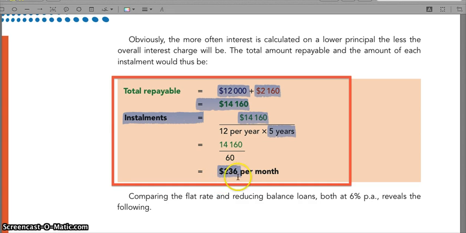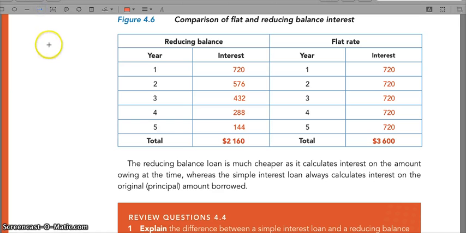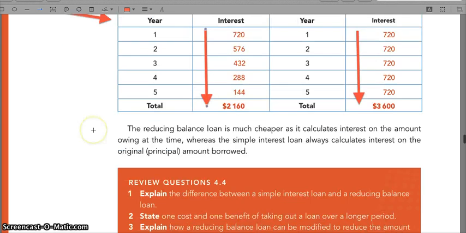Now note that that installment is just slightly less than the flat line. And this table here gives us a really good indication of how here we pay exactly the same amount of interest every year, and here it's reducing as the amount of principal that we owe is reducing.